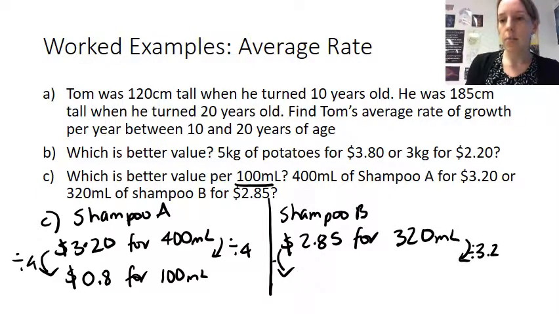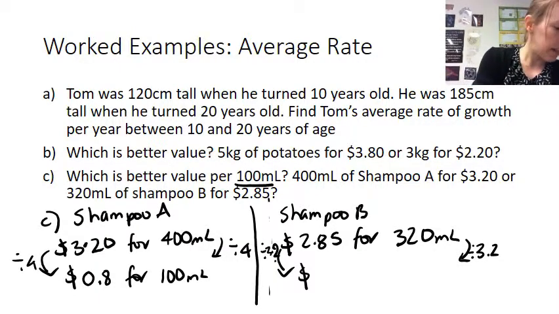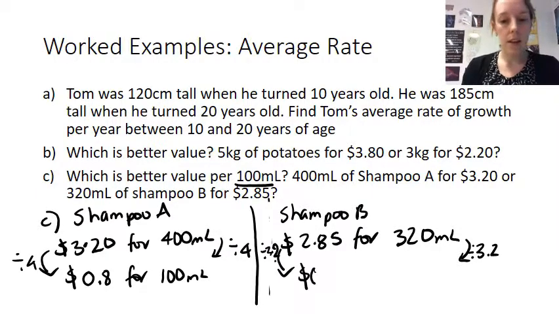I'll just clean this up a bit. There we go. So divide by 3.2. So $2.85 divided by 3.2 is 89 cents for 100 milliliters.